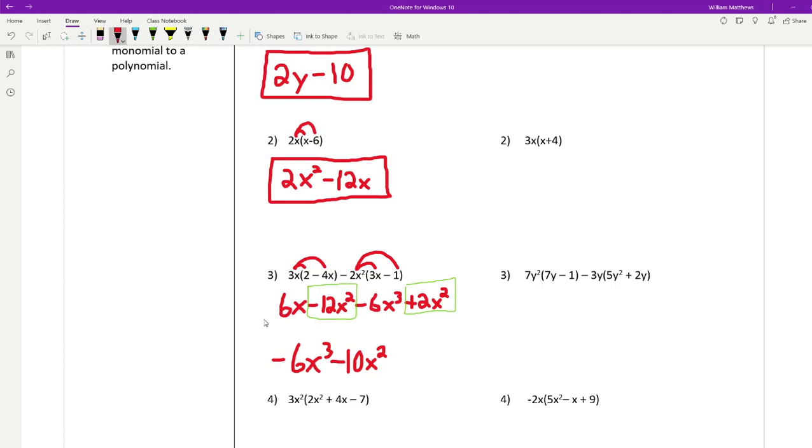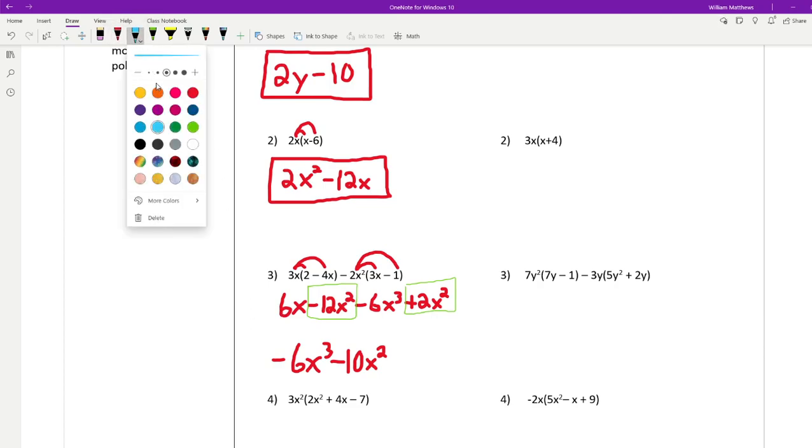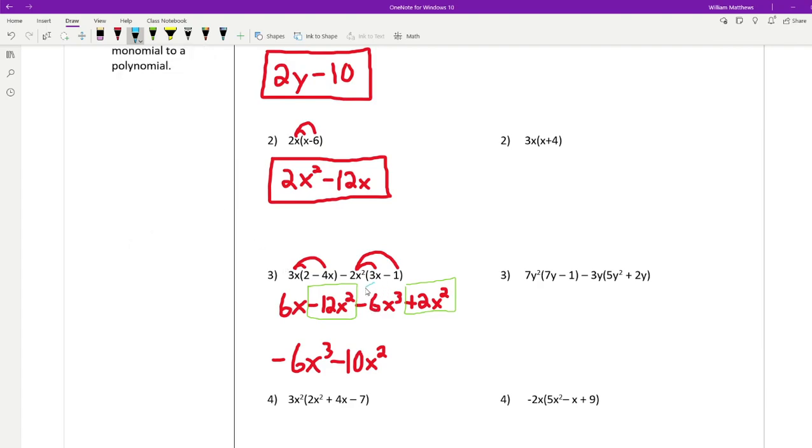And then there's nothing to combine the x with, just so that we can see it separately. I'll circle this one so we know that they are different. And it's a positive 6x, so we're going to put plus 6x.